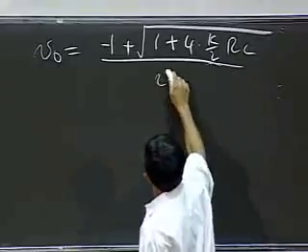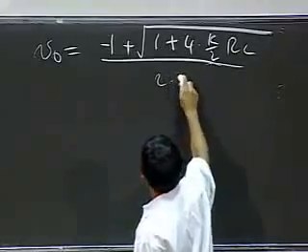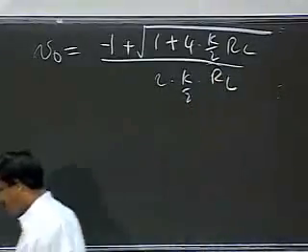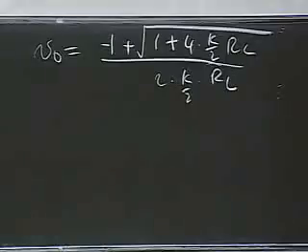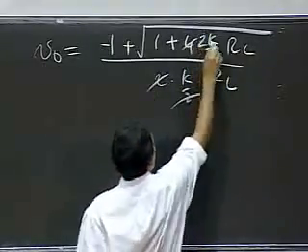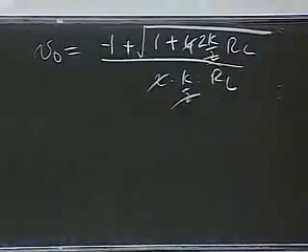And 2a is simply 2 times k divided by 2 RL. Okay? So that's what I get. So that gives me V naught.